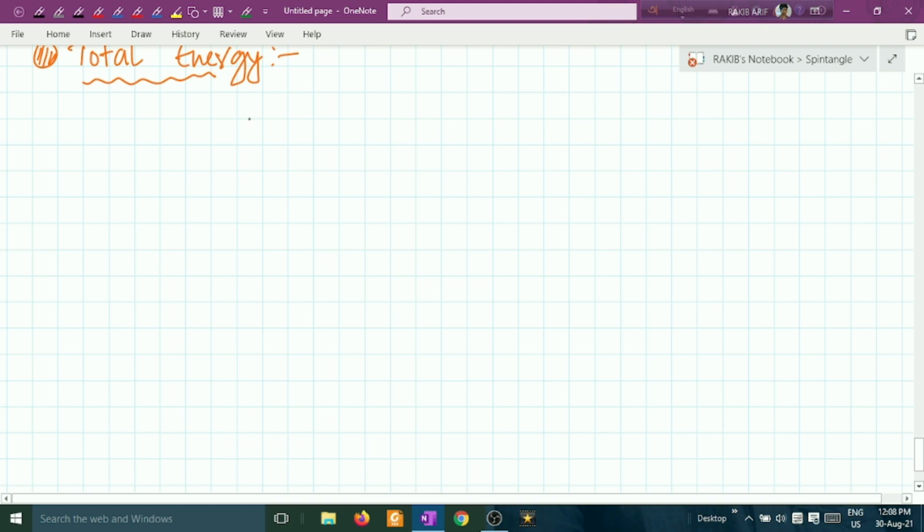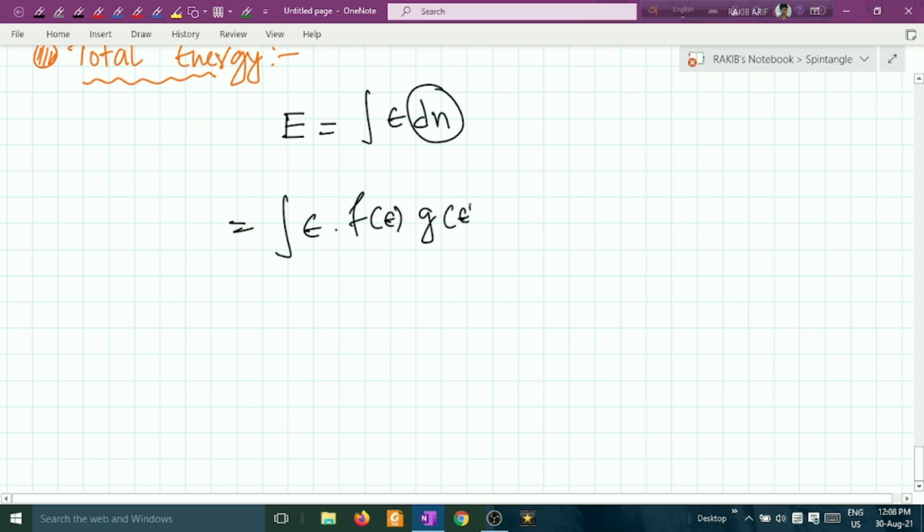Say the total energy is written as capital E, and it is written as integration of epsilon times dn. Okay, dn is the number of particles, and each particle having energy epsilon. Now integration epsilon, what is dn? In our case, dn is fe times ge times de.